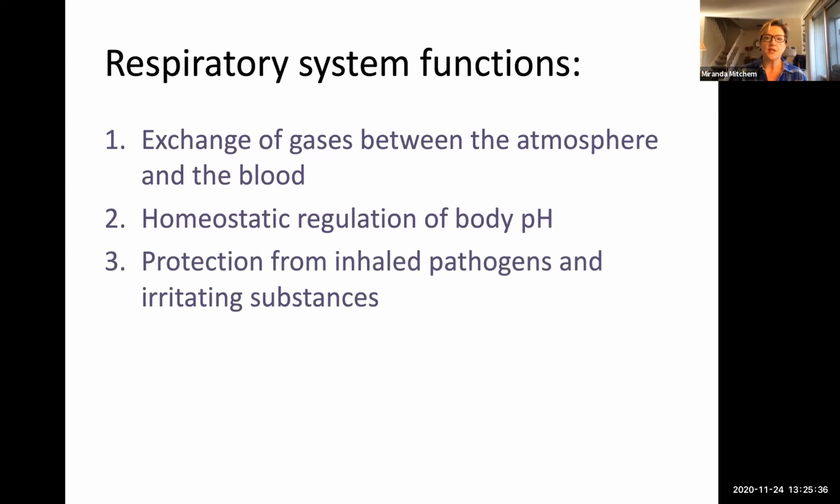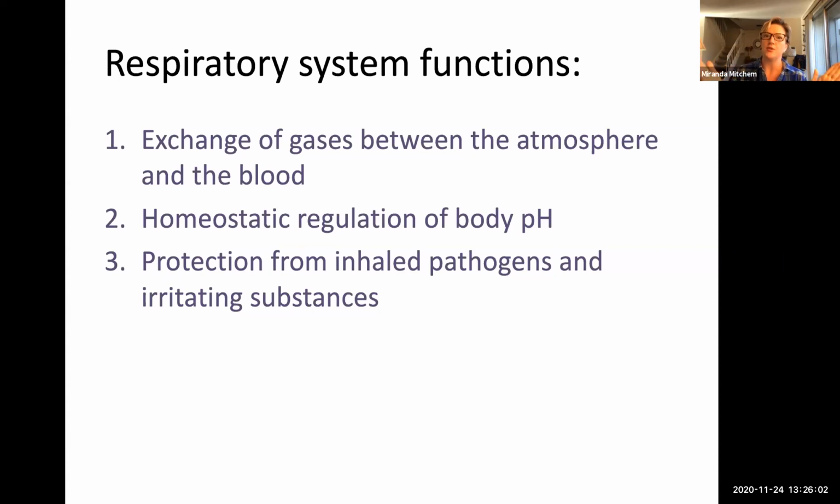The respiratory system has important functions in protecting us against things that could cause an infection or allergens or other irritating factors. For example, the lower respiratory tract has cilia in it, and the cilia beat in an upward and outward motion.